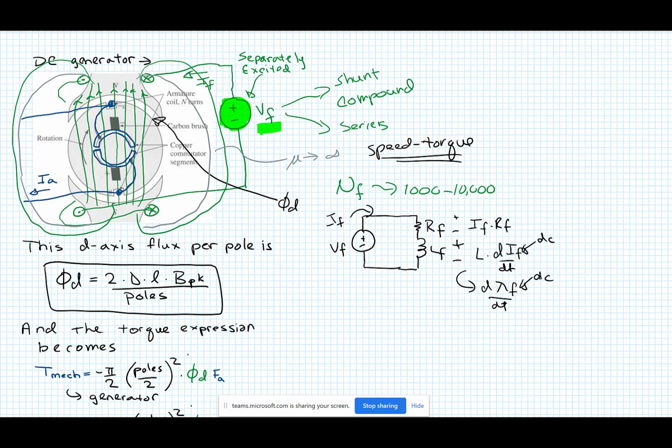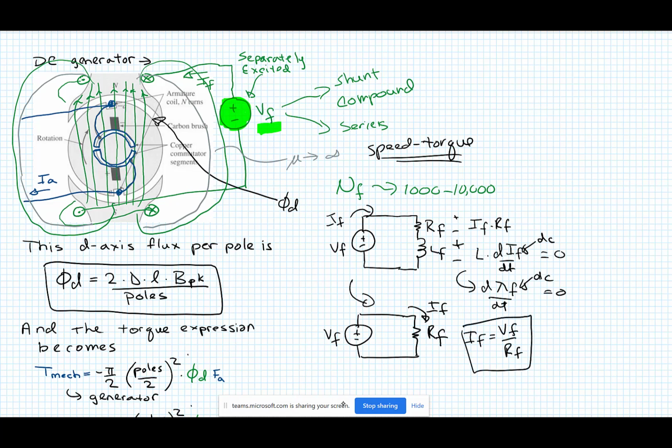So if you take the derivative of a DC, it's 0 in the steady state. So the inductance really doesn't come into the picture unless you're looking at the dynamics of the machine. As a result, electrically, your field winding just looks like a voltage source applied, and there's a resistance of the winding, which is pretty significant, RF, and then IF. So if you didn't know IF, but you knew VF and RF, and I think there's a homework problem like this, IF equals VF over RF. Does that make sense to everybody?